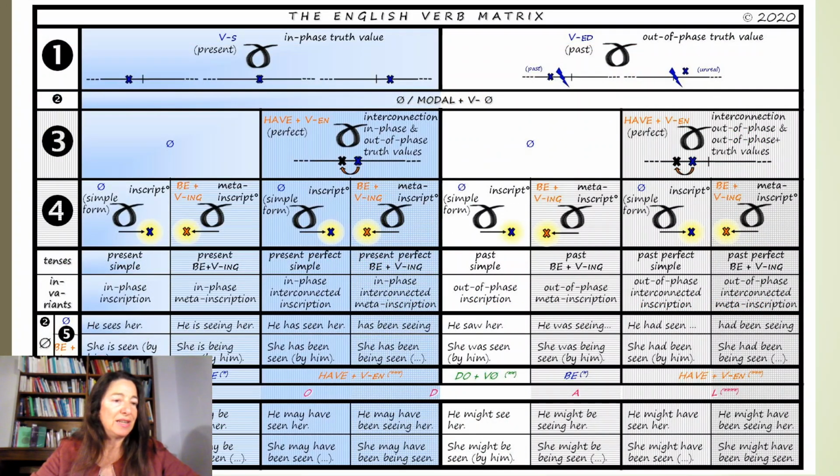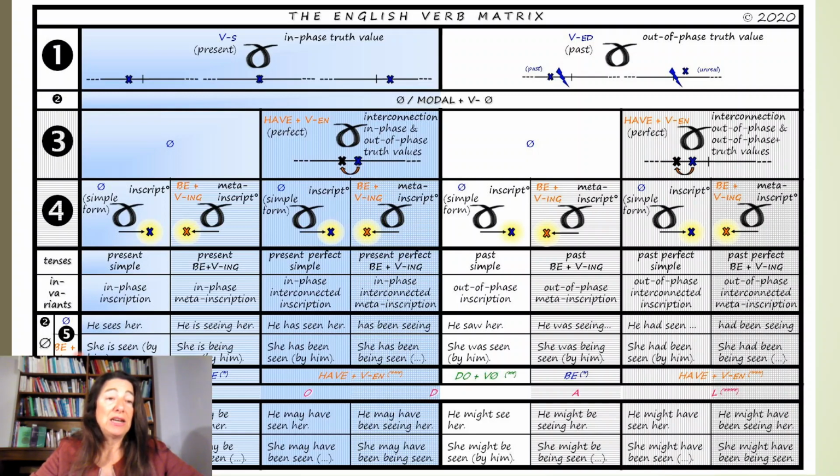So there's a more detailed version of the answer to that question in the English verb matrix, in which we can see the passive voice here, number 5, the fifth element in the verb equation. So the question is, do I use the passive voice or do I use the active voice? So the 0 here stands for the absence of the passive voice, which is obviously the active voice.